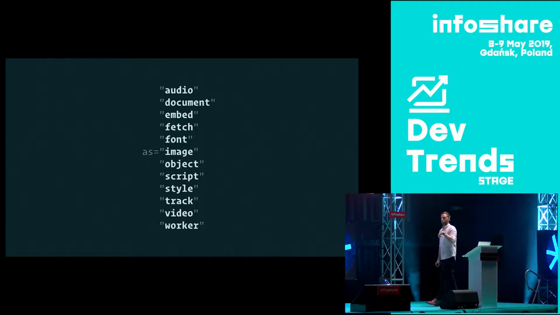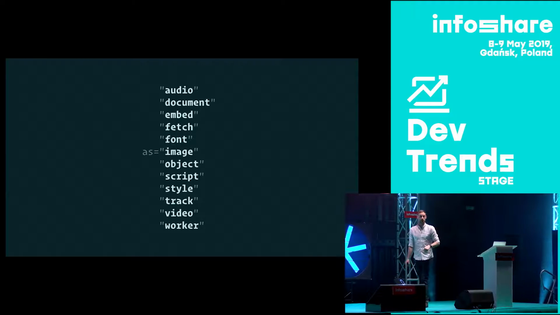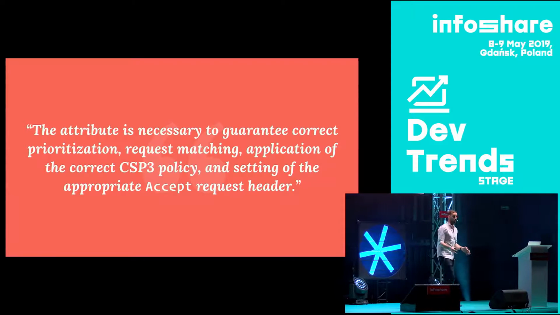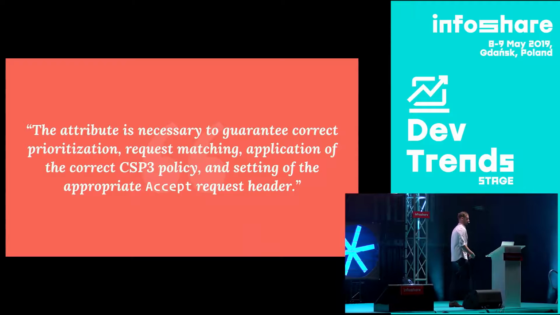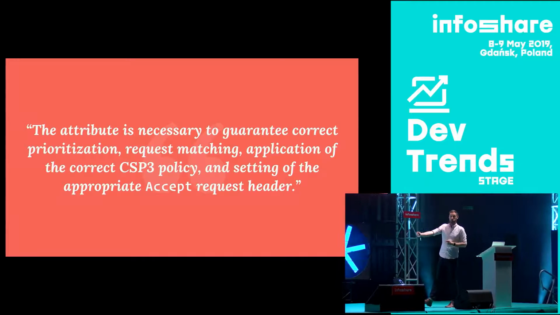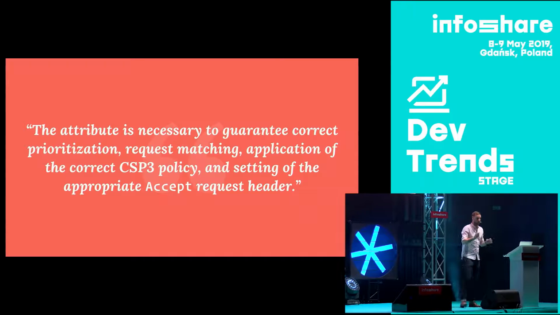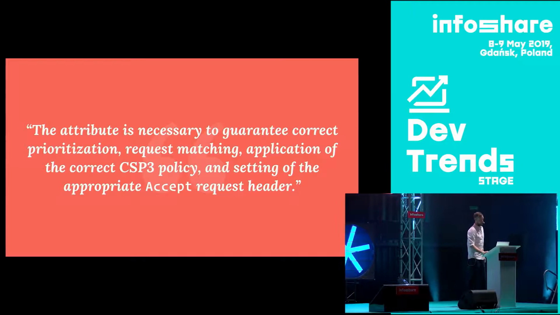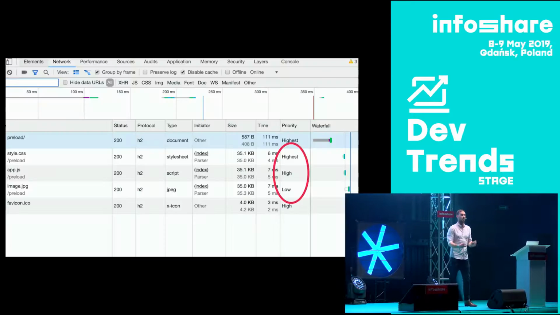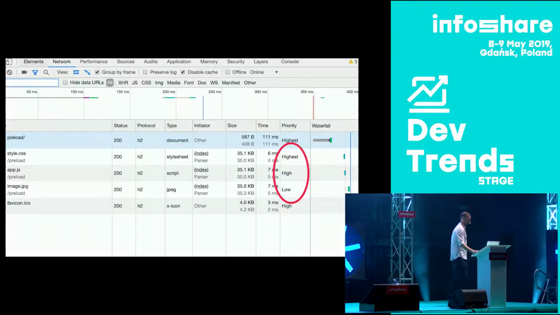So it guarantees correct prioritization, it guarantees the correct application of CSP, it makes sure the response and request headers match, it does loads of stuff to make sure the correct request headers are sent for the accept header. What you can see here is that if you use the as attribute, DevTools will tell you what priority those files had. And that comes out of the as attribute.